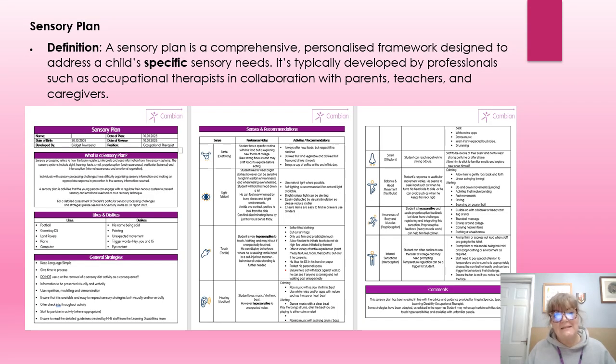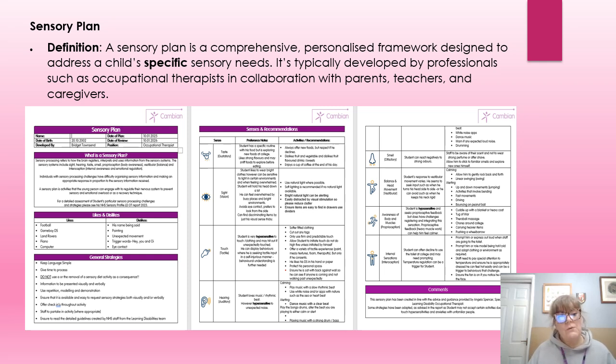So what is a sensory plan? The definition is a comprehensive personalised framework designed to address a child's specific sensory needs. It's typically developed by professionals such as occupational therapists in collaboration with parents, teachers and caregivers.